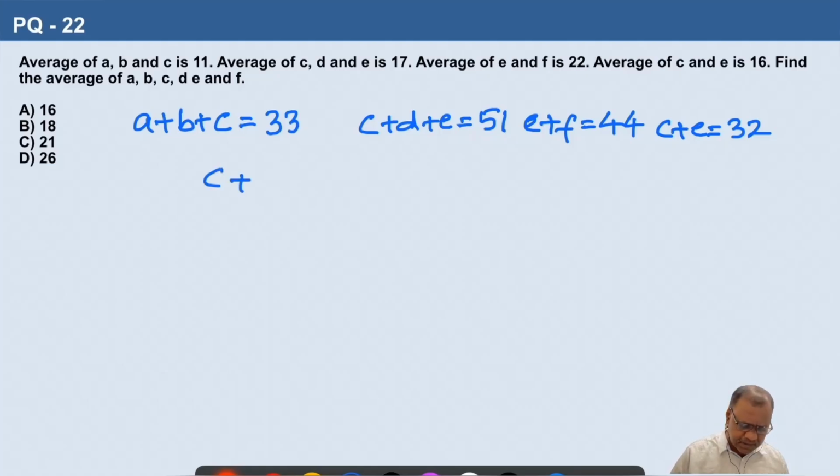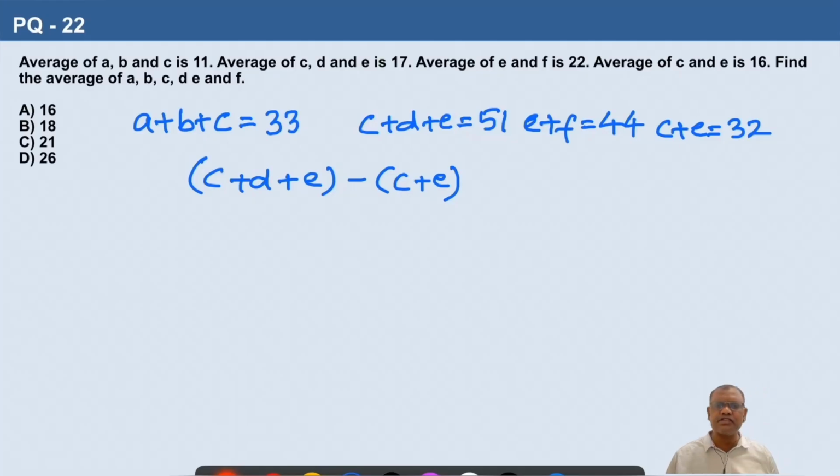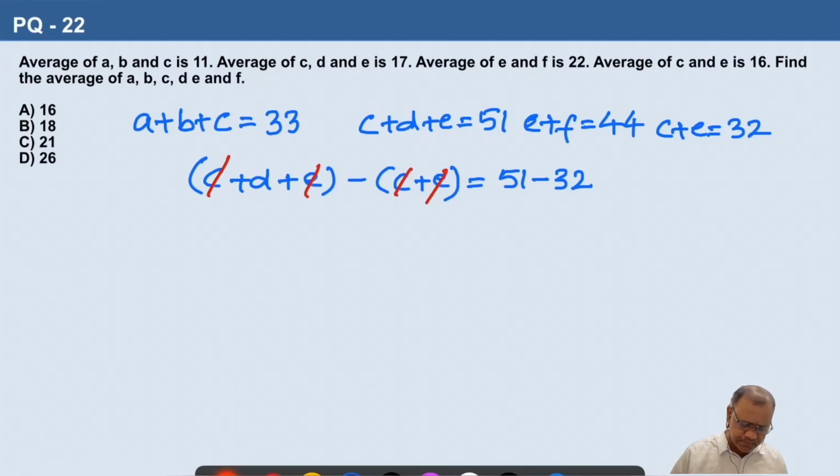C plus D plus E minus C plus E. This gives the value of D. This is 51 minus 32. So here C and E will get cancelled, and D will remain.